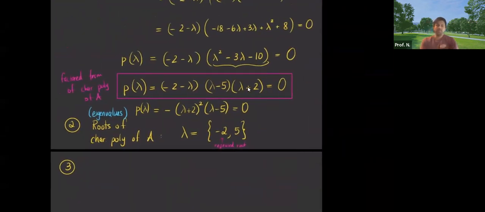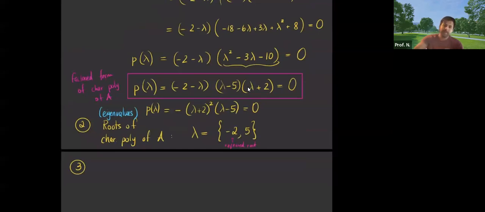Does the repeated root mean anything? Well, actually, we'll start to see today that there is a significance to the repeatedness of the root. At the moment, it's just a root that's repeated.